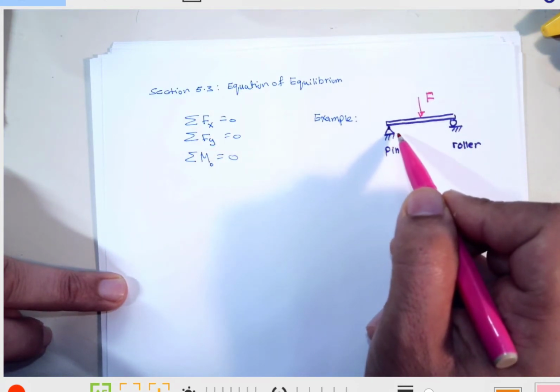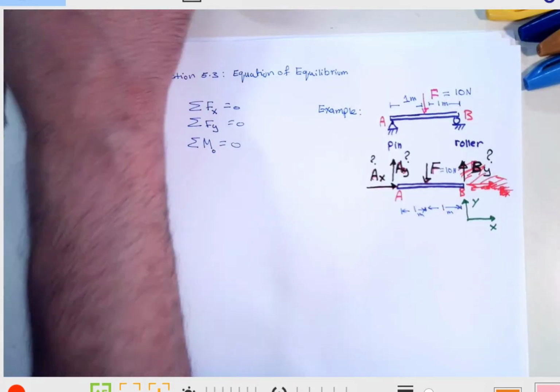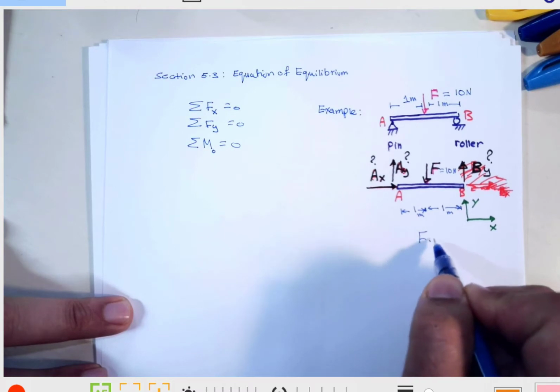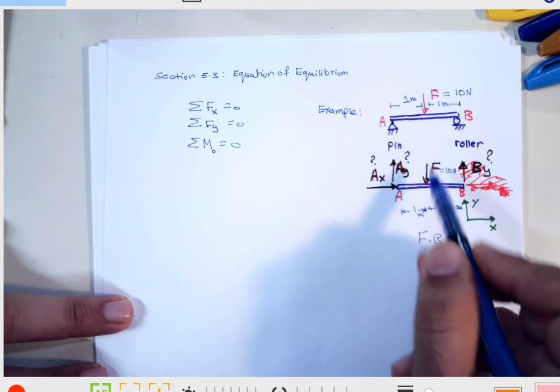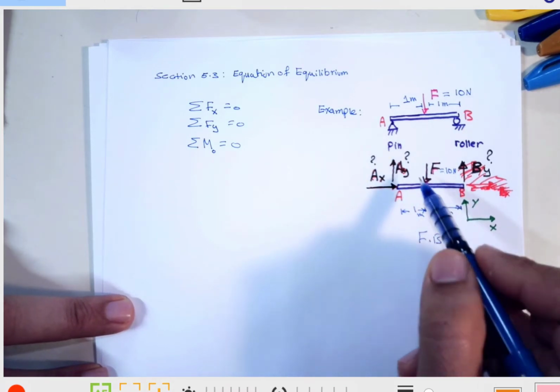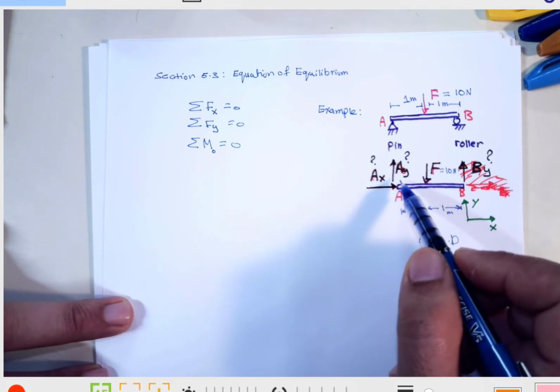This means drawing the free body diagram will lead to... Now, drawing the free body diagram involves labeling all the dimensions and also the magnitude of known forces, as well as identifying the unknown reaction forces.